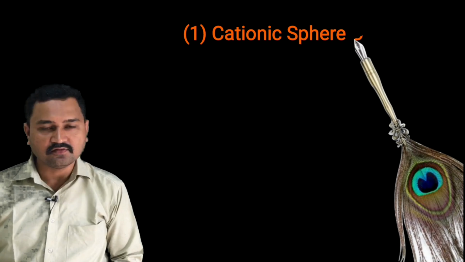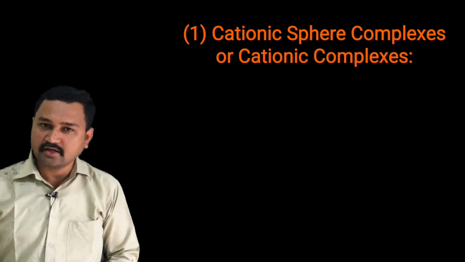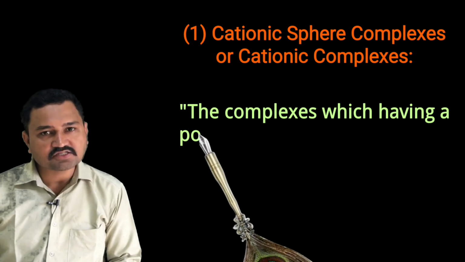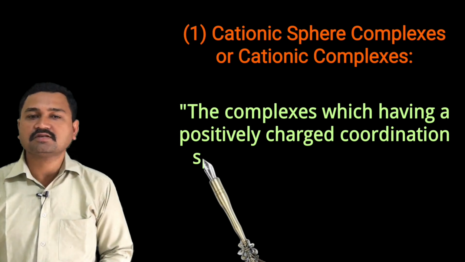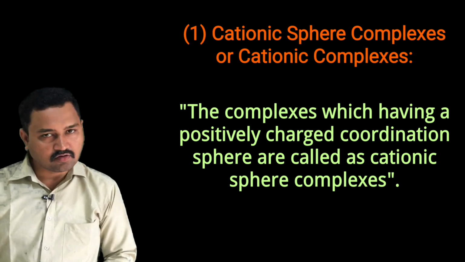Let us consider the first type, the cationic sphere complexes. Complexes which have a positively charged coordination sphere are called cationic sphere complexes or simply cationic complexes.